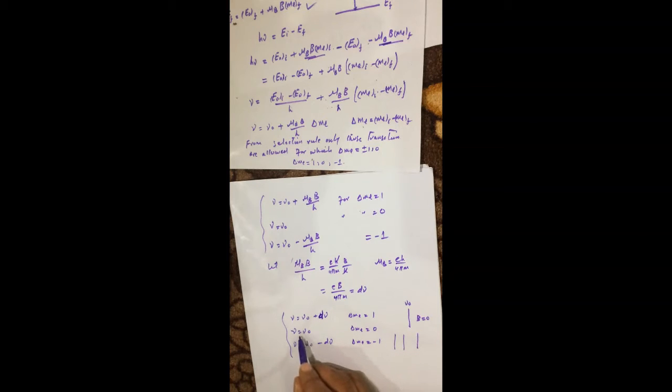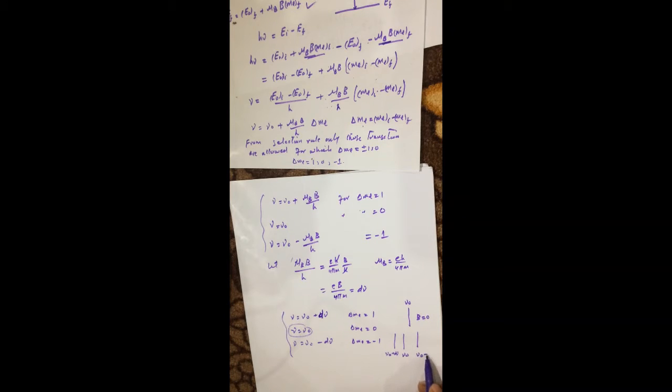One with frequency nu naught, one with frequency nu naught plus delta nu, and one with frequency nu naught minus delta nu. This is called a sigma line, this is called a pi line, and this is called a sigma line.